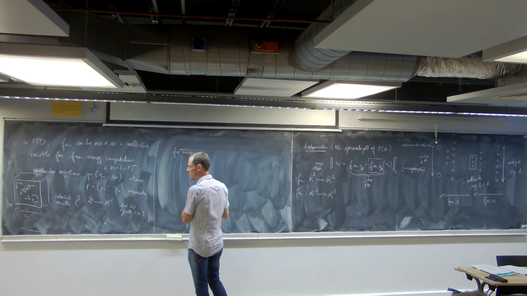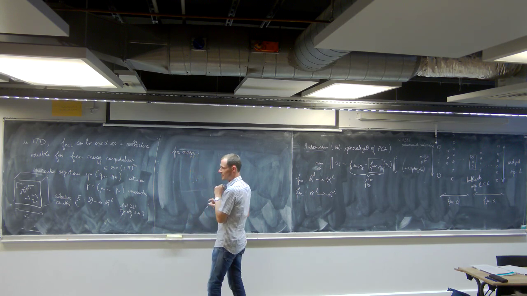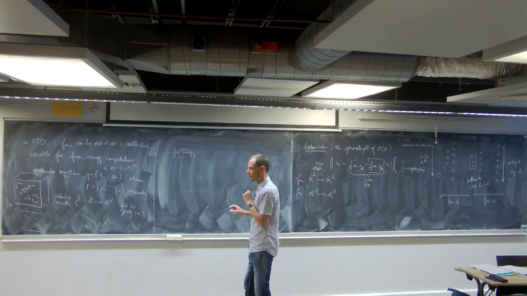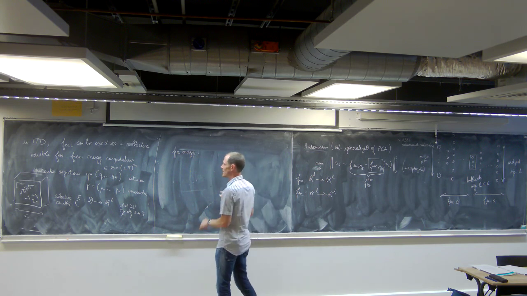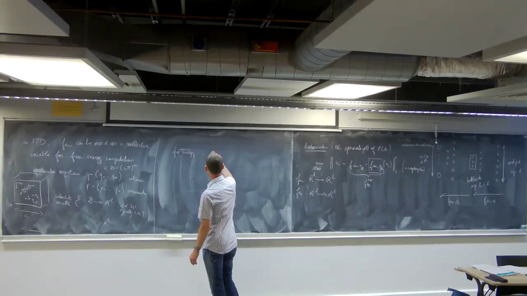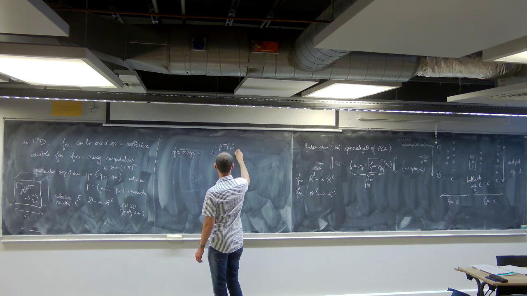Although I have to be honest, I started feeling more confident about thermodynamics the way I did statistical physics, and in particular the concept of free energy. It's the thing that tells you that exponential minus beta f of z.